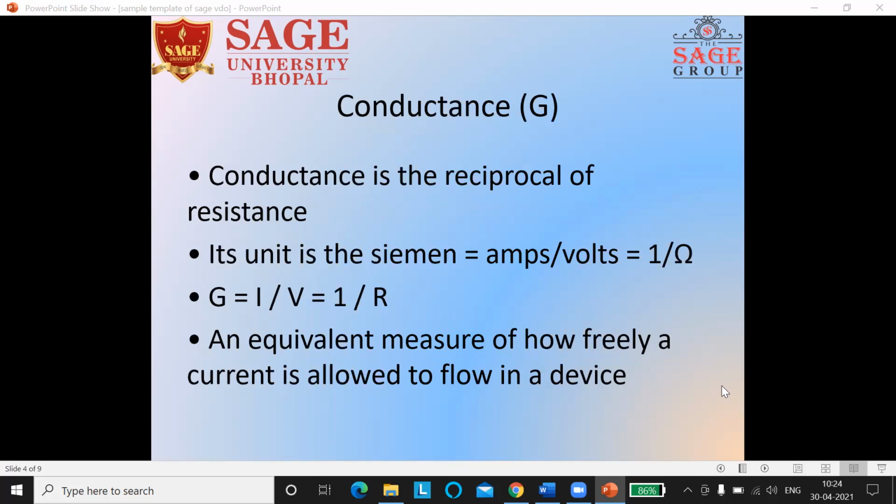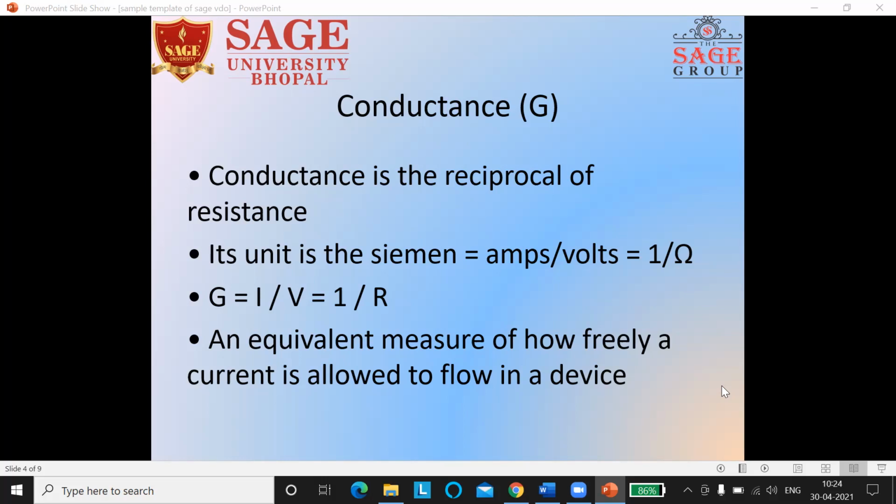And after that, what is conductance? Conductance is denoted by G, and conductance is the reciprocal of resistance. If resistance opposes the flow of current, conductance is just the opposite, the reciprocal of resistance. Its unit is the siemens, expressed as ampere per volt.